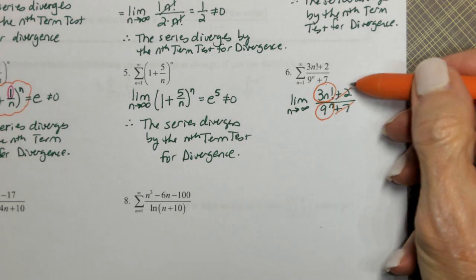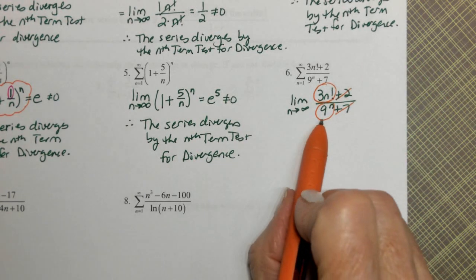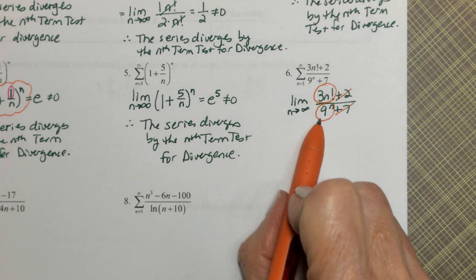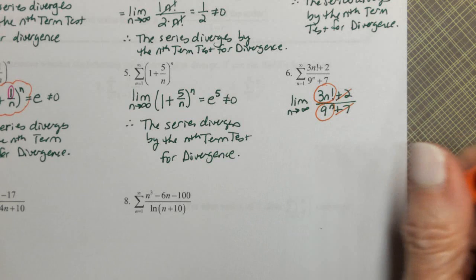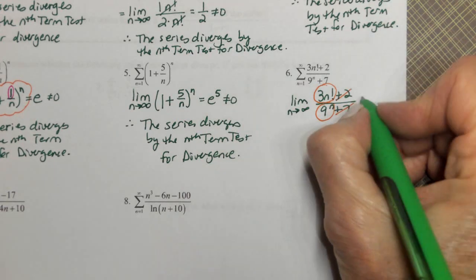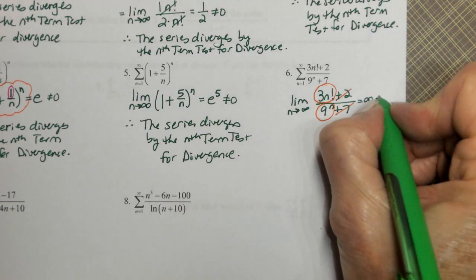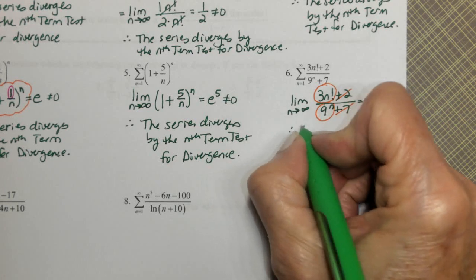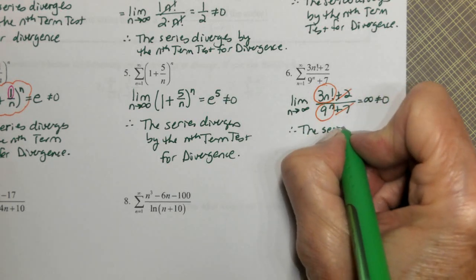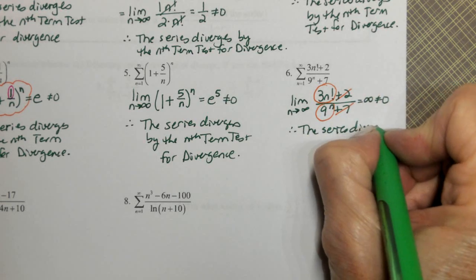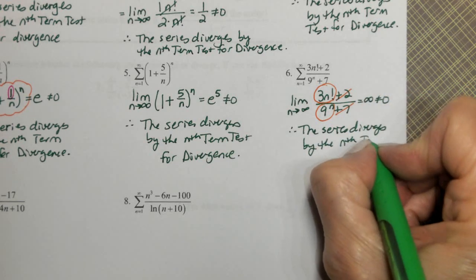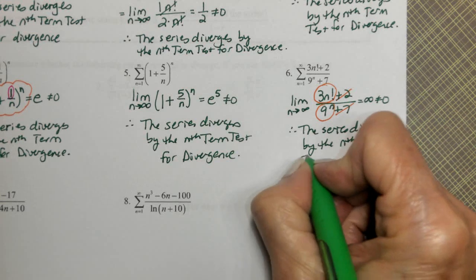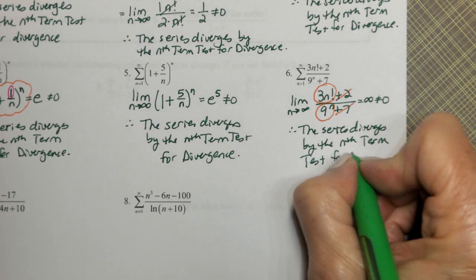I see Big Mama on top. 9 to the n is very strong, but not nearly as strong as n factorial, Big Mama. So Big Mama's on top. This thing goes to infinity, which is not 0. Therefore, this series diverges by the nth term test for divergence.